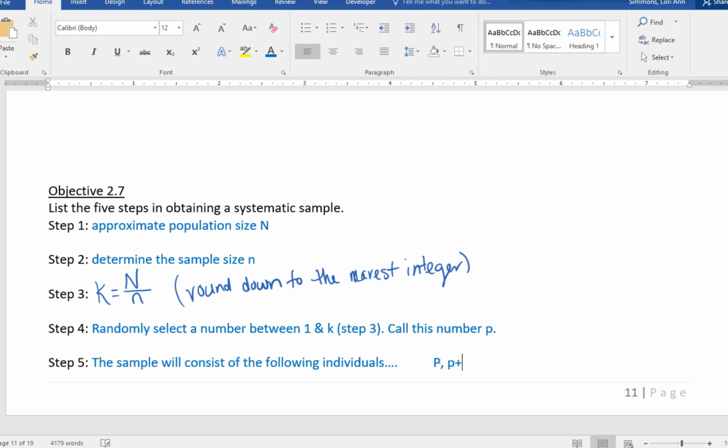So p plus k. Again, k persons after that, so add k to this right here. That'd be p plus 2k. And so on. The very last individual will be p plus n minus 1 times k.